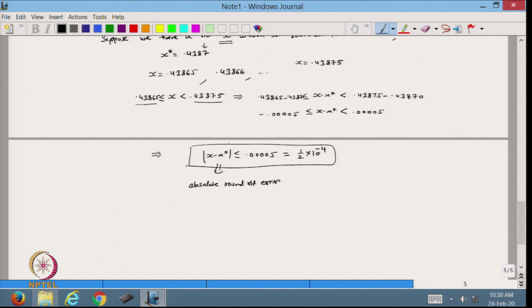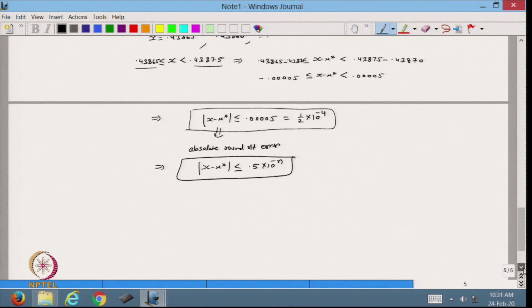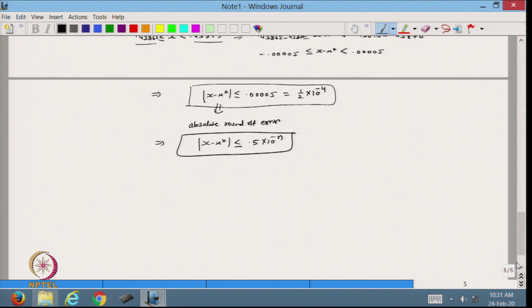So, if I am rounding my number at the nth digit, the rounding error is always less than or equal to 0.5 into 10 raised to power minus n, if we are rounding the number after n digits. That is the way we can define it.